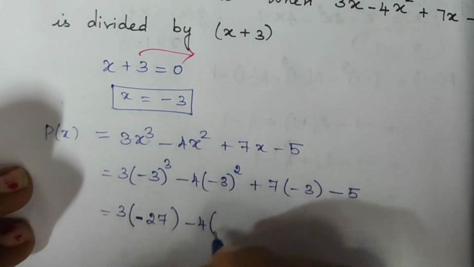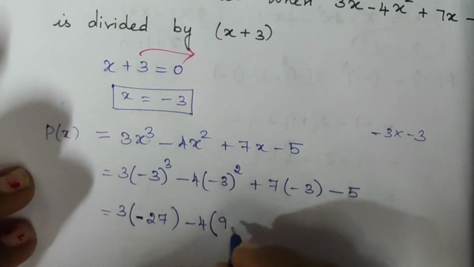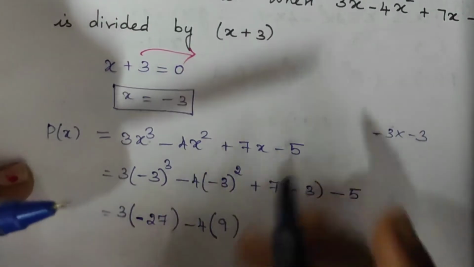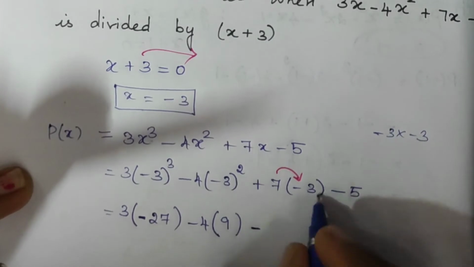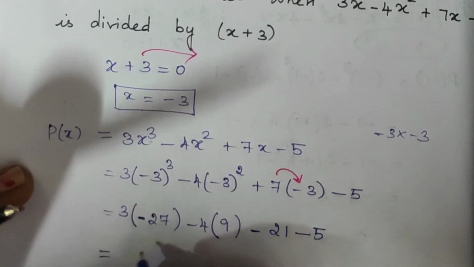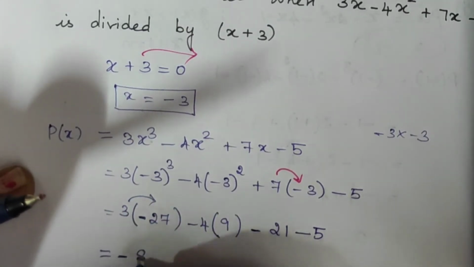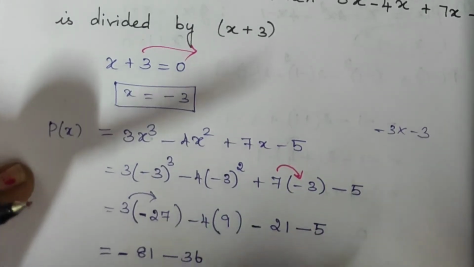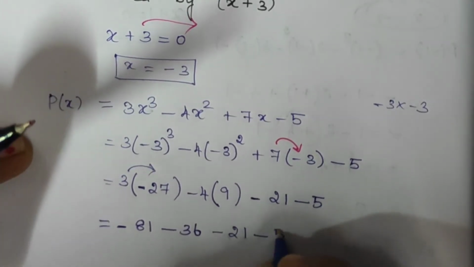Minus 4 into, when you square minus 3 into minus 3, it will be positive. So plus 9, plus into minus, minus. 7 into 3 is 21, minus 5. So minus sign, when you multiply this inside, 27 into 3 is 81, 9 4s are 36. Since a minus sign is there, put minus 36, then minus 21 minus 5.